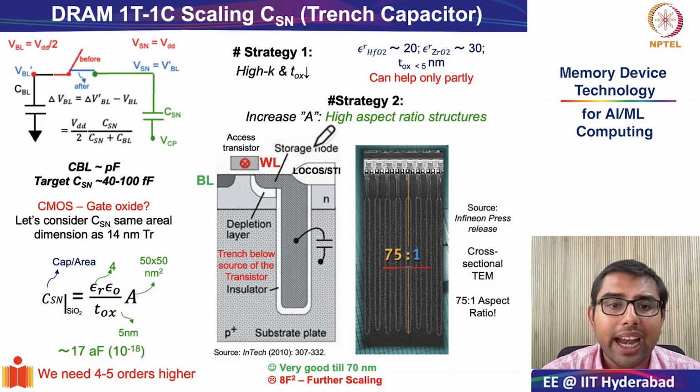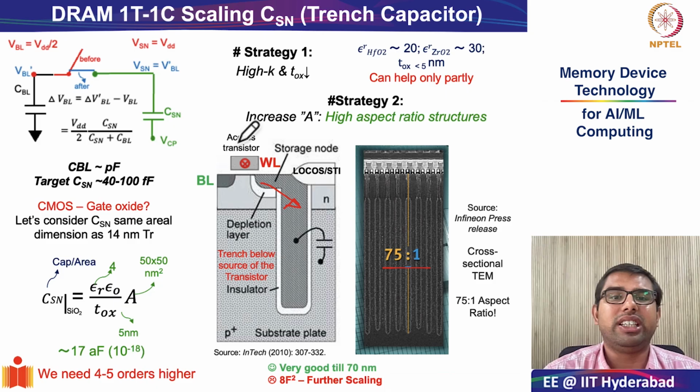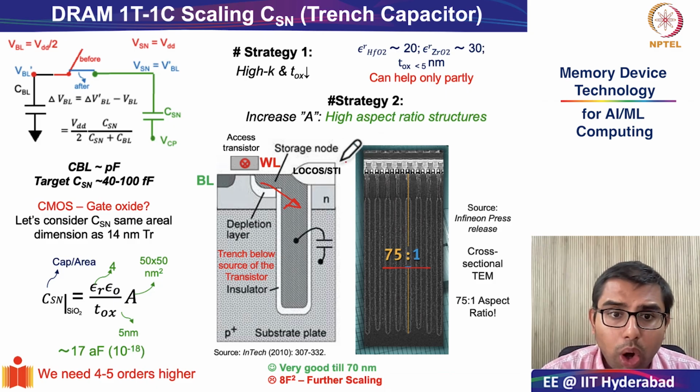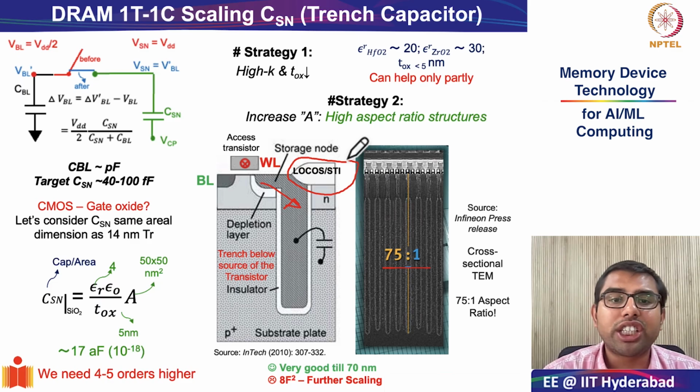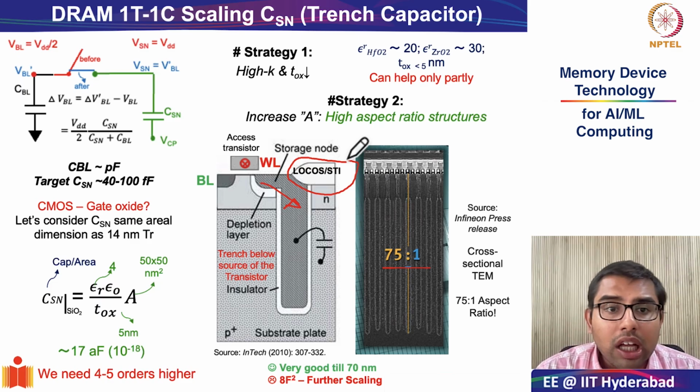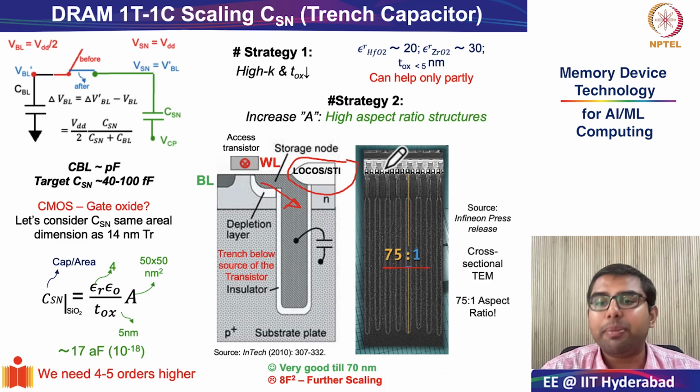Why is it 8F squared? Because the trench capacitor is slightly offset with the access transistor. Not only that, there will also be a LOCOS or shallow trench isolation to isolate this particular cell from its neighboring cell.